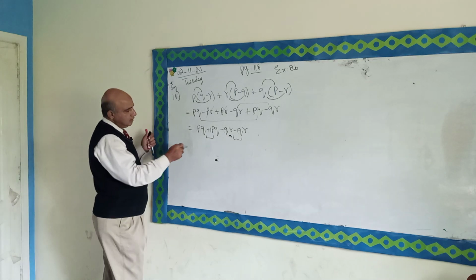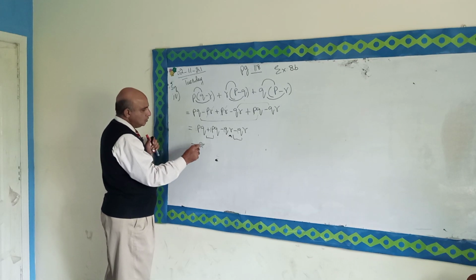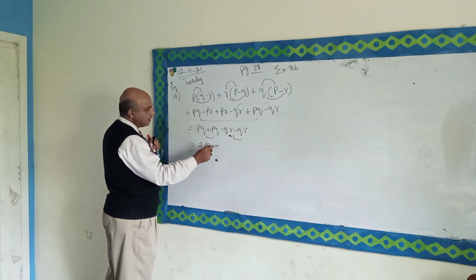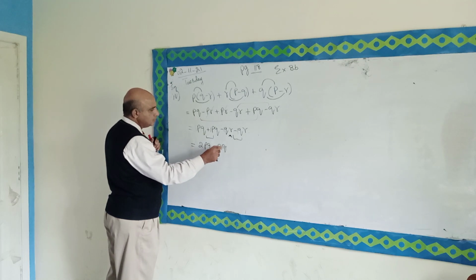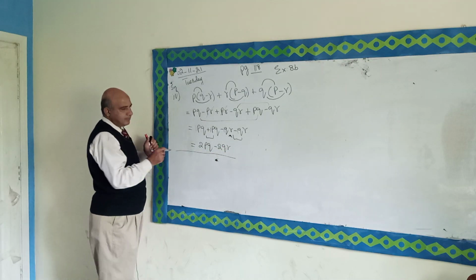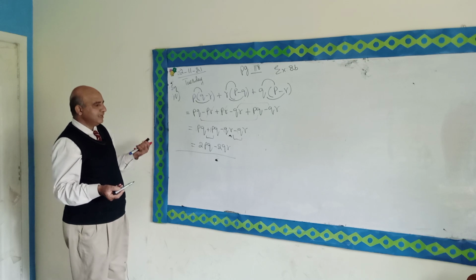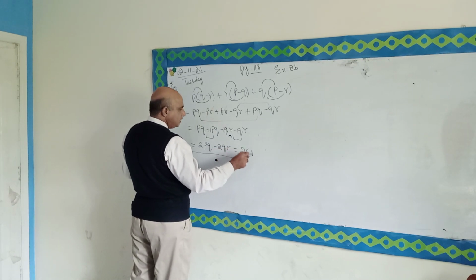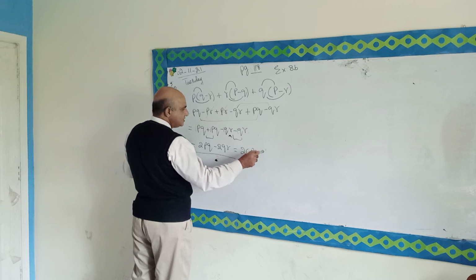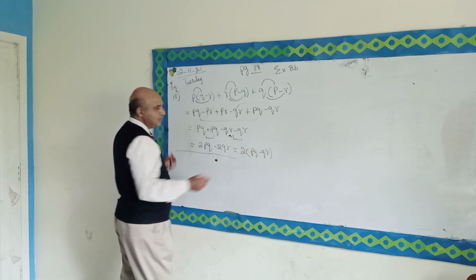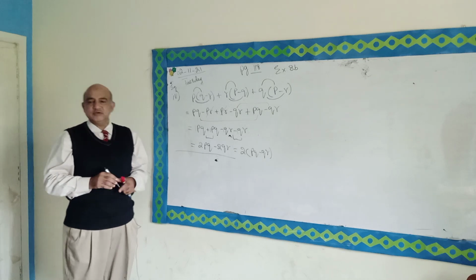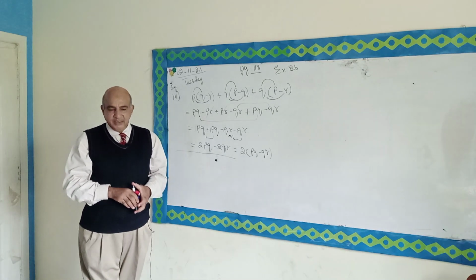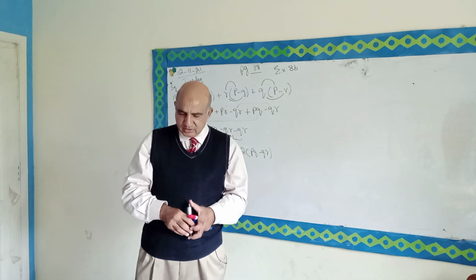So here we write 1 plus 1, 2PQ minus 2QR. This is the answer, or you can write it as 2 common and PQ minus QR. Is it right? Yes. Have you understood? Yes, sir. Okay.